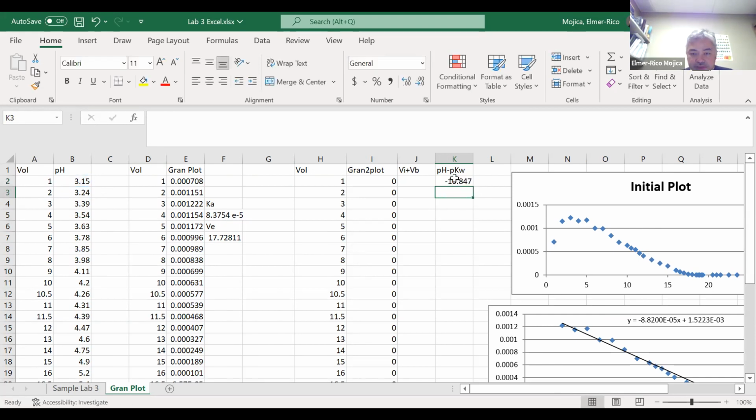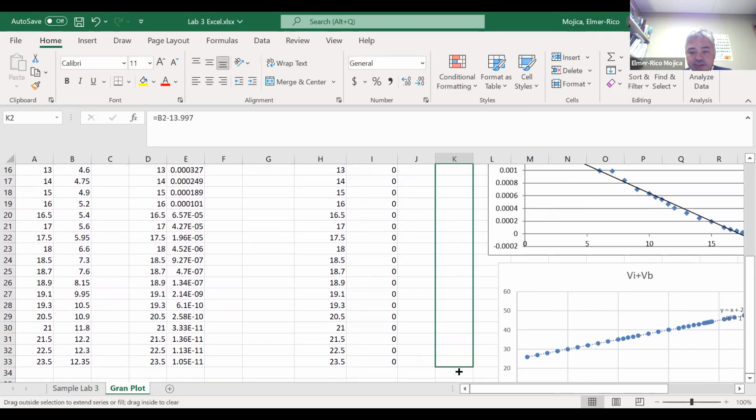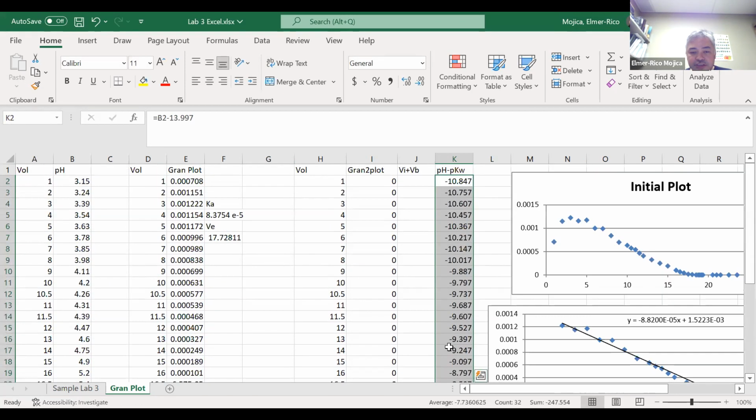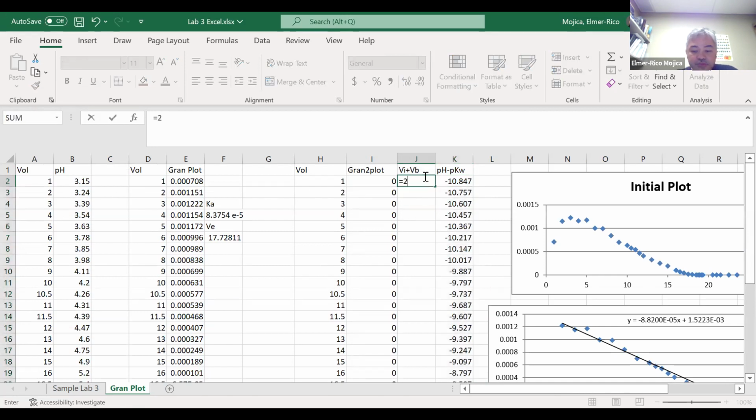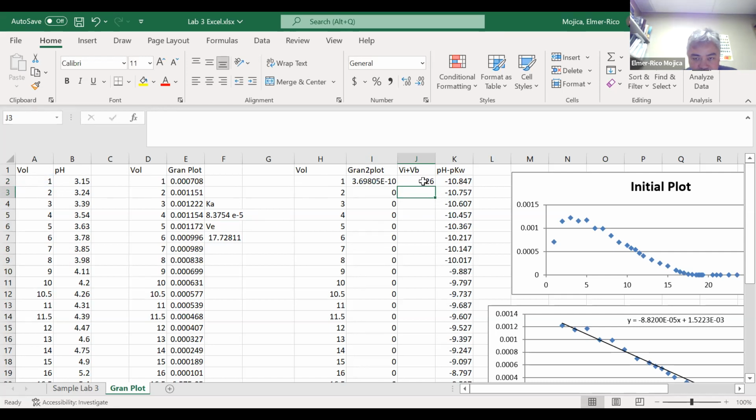So I have a negative here, and I just drag them down. They're changing because the pH here is changing. Now for this one, I have 25, and then I add to it the volume of the base that you have there. And then I drag it down.